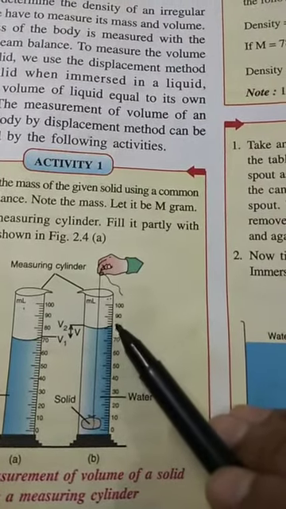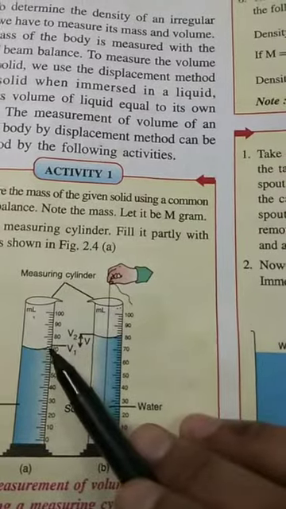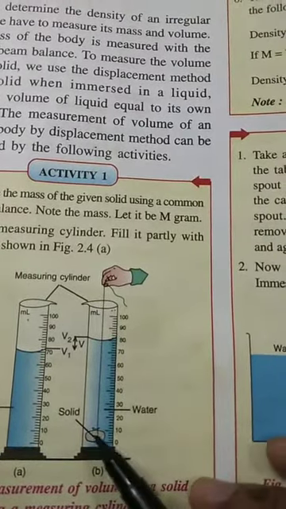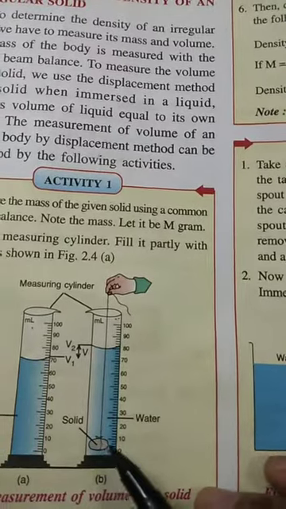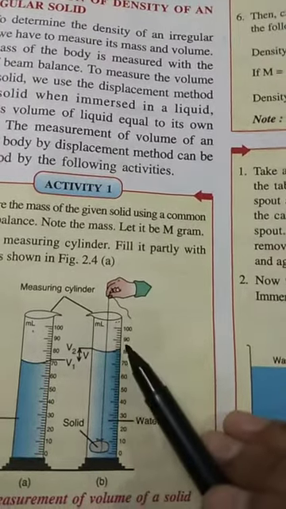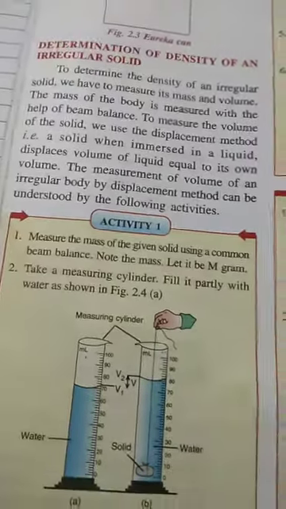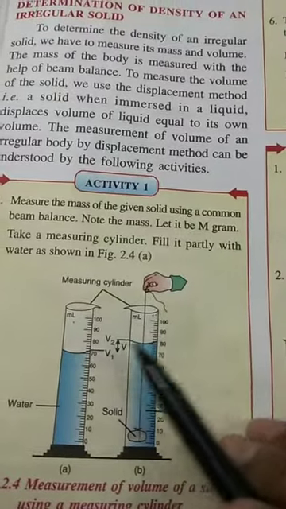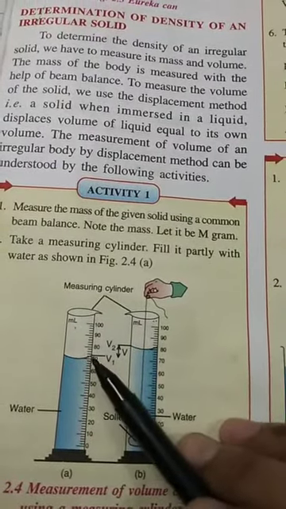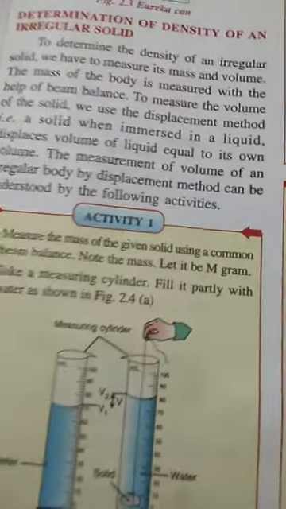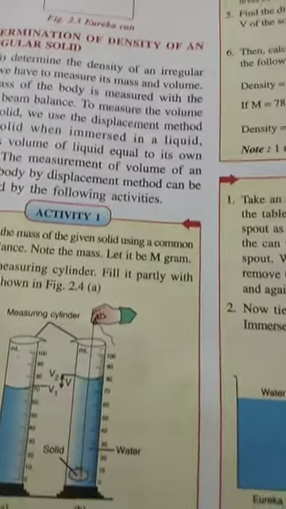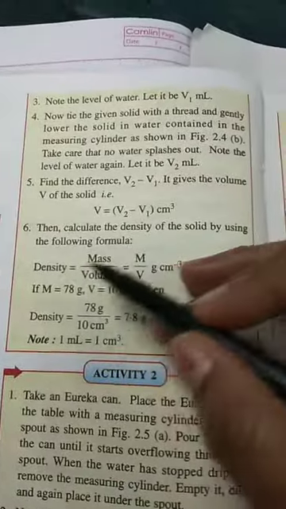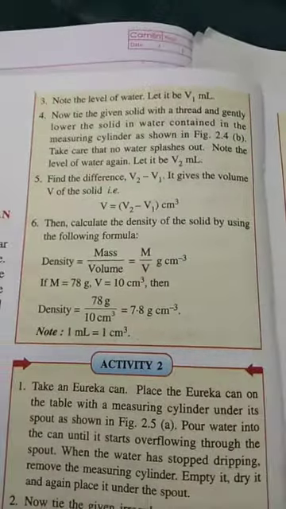It has risen up till 80. Previously it was 70, but because the stone has also taken space in the water, the level of water has increased. Now we have two volumes. The volume was 70, now the volume is 80. So there is a difference in the volume. We will take out the difference in the volume, and then we will solve for the density. Suppose the mass of the solid is given as 78.